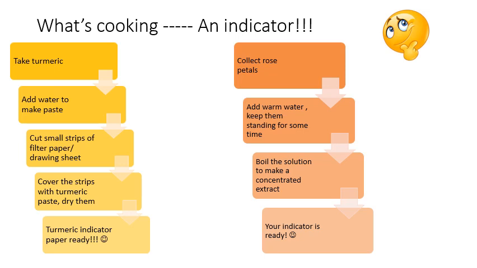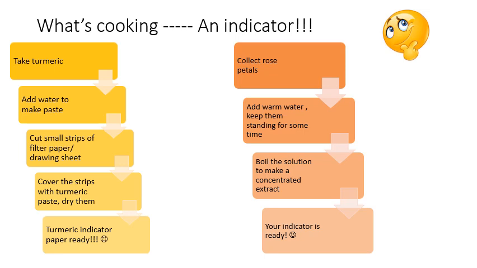Boil the solution and make a concentrated extract, syrup, rose syrup, something like that. And your China rose indicator or your rose indicator is ready. Now this is not on paper, this is on solution. So you'll have to add a drop in each, in an acid and in a base, and see the change in the color.